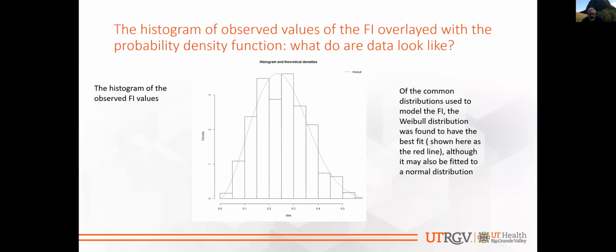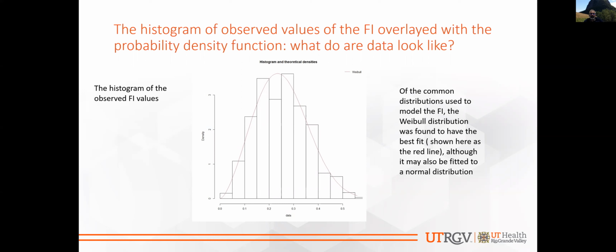The first thing we want to look at is our data. This is a histogram of observed values of the Frailty Index, overlaid with the probability density function, that red line. What does our data look like? The histogram of the observed frailty values looks like a pretty normal distribution.